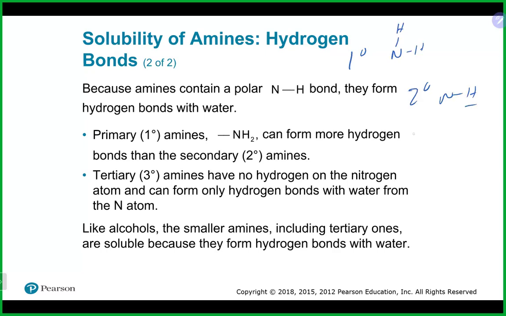And a tertiary does not have any hydrogens, so it can only hydrogen bond with water, borrowing the hydrogen from the water to do so. Like alcohols, the smaller amines, including tertiary ones, are soluble in water and can form hydrogen bonds with water as well.